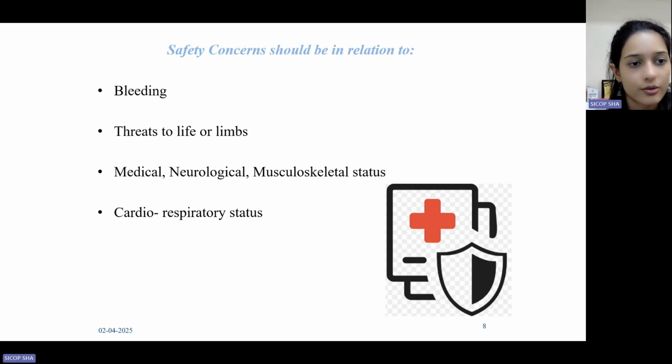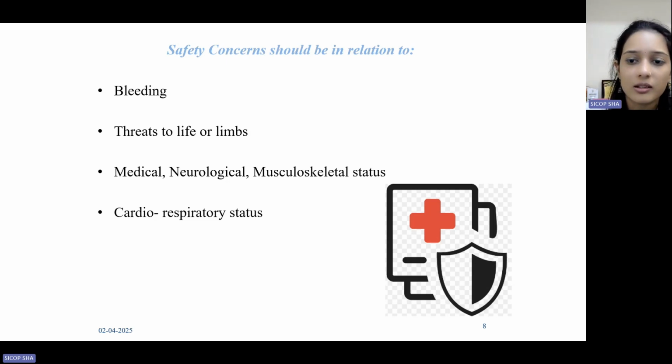Then let's talk about threat to life or a limb. Concerns would be conditions such as fracture, severe joint dislocation, compartment syndrome, or vascular injury, which can threaten limb viability. For major trauma or a medical emergency such as cardiac arrest, which is immediately life threatening, again you have to call emergency medical services.